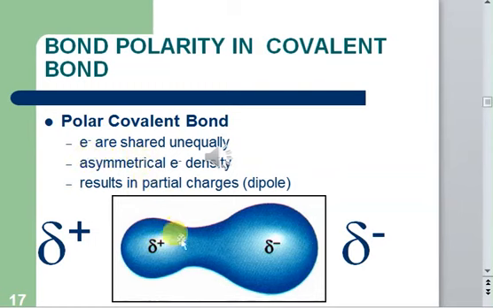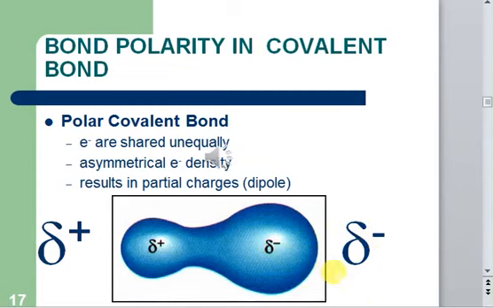So one of the atoms has greater electronic density, so this loop is greater here, while in this case the loop is smaller, so electronic density is reduced here. The atom that has greater electronic density, since electrons have a negative charge, we indicate with a partial negative sign.